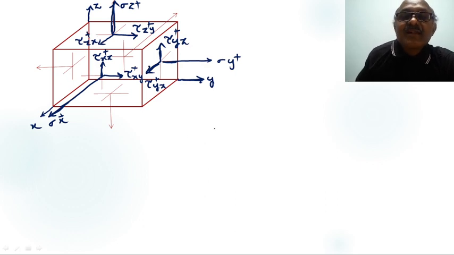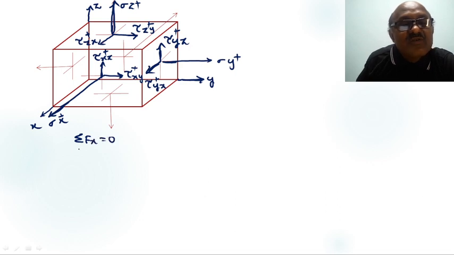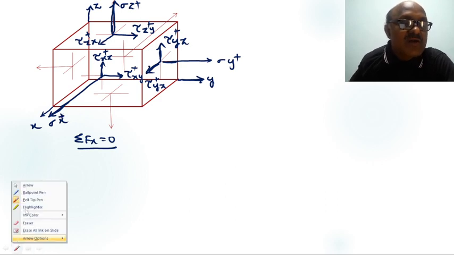Now first of all, consider the algebraic sum of forces in x direction equal to 0. What are the forces in x direction? This is one force. I will use a different color for this.